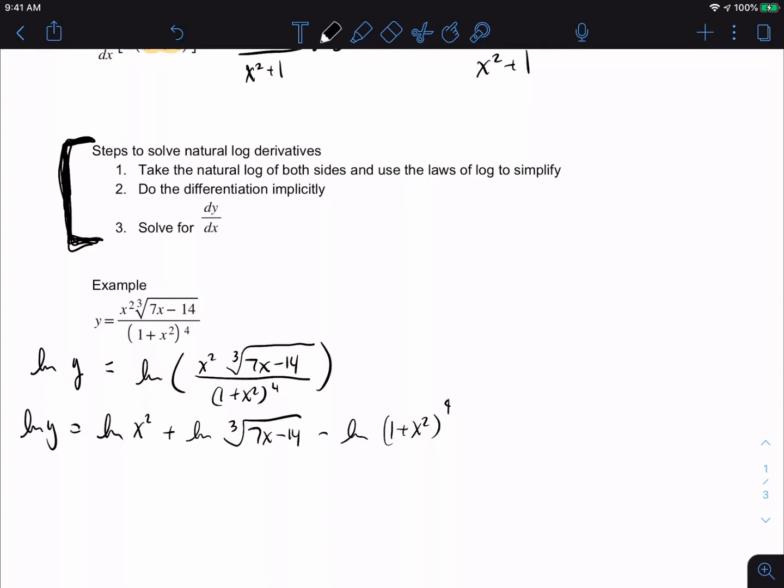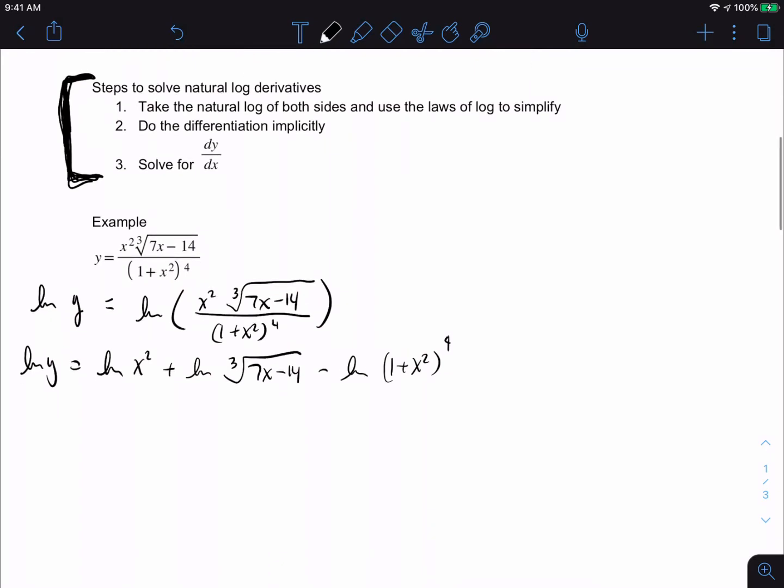Do you remember that? Products add, division subtracts. Exponents become coefficients. So ln of y is equal to 2 ln of x plus 1/3 ln of 7x minus 14 minus 4 ln of 1 plus x squared. Do you agree? Any questions so far?